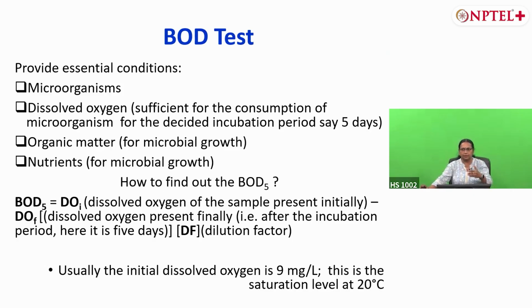It will be decreasing. As per Henry's law it may be 9.2 milligram per liter at 20 degrees centigrade, but wastewater will have TDS and other compounds, so the DO concentration will be reduced. Usually we get around 8, 8.5, maximum 9. If temperature is high, it will be less.